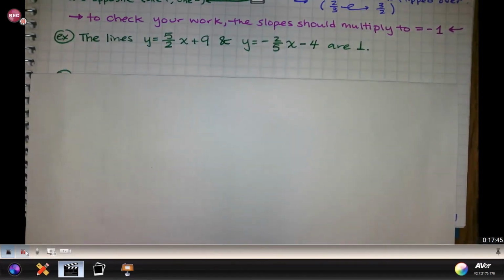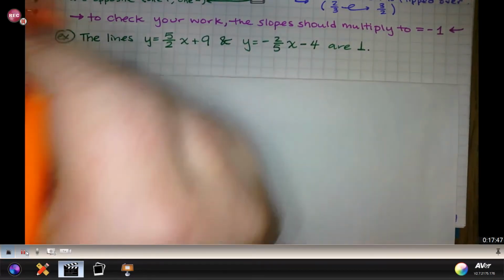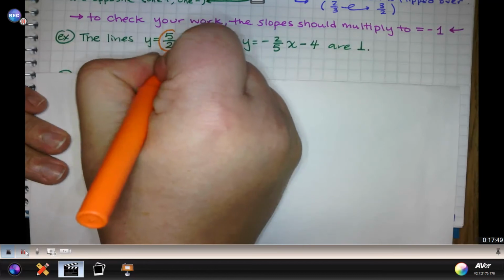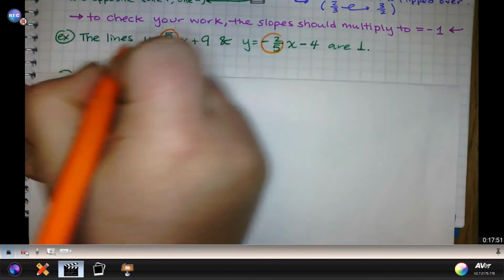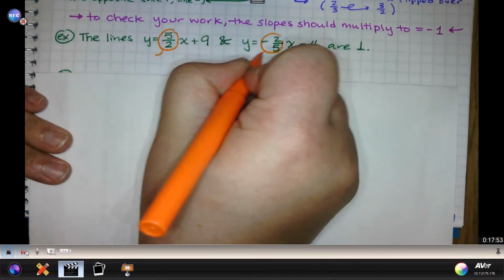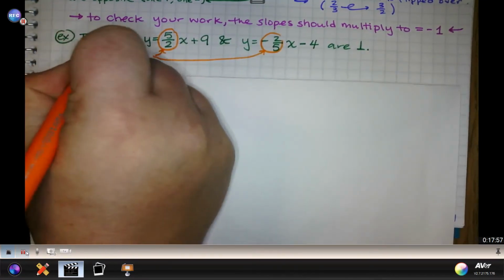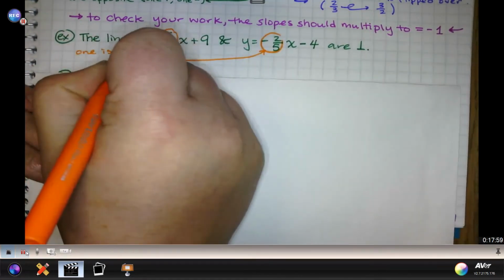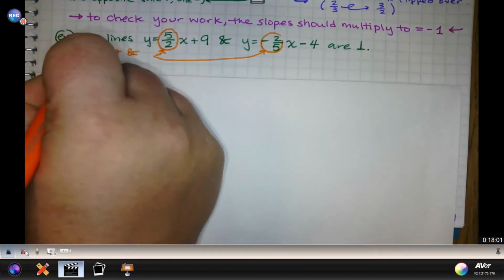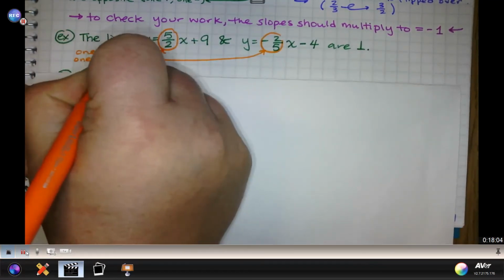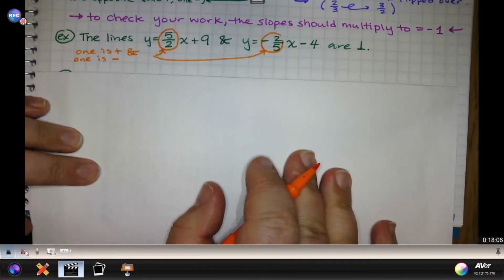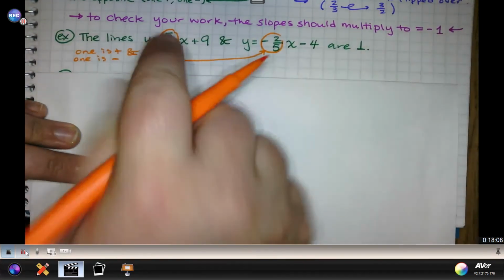Okay, well, why are they perpendicular? Well, if we look at the slopes, we have one is positive and one is negative, right? Because that one's negative, that one's positive.